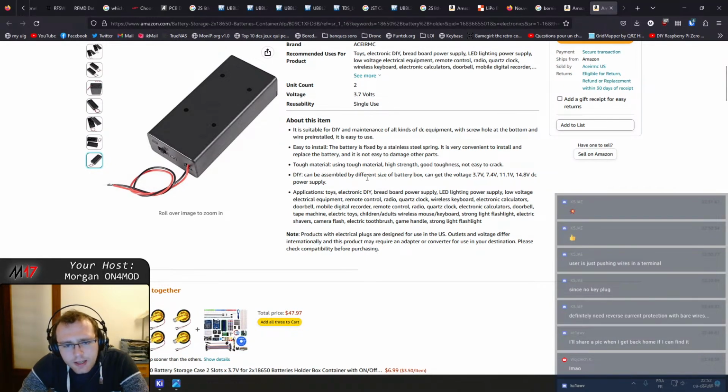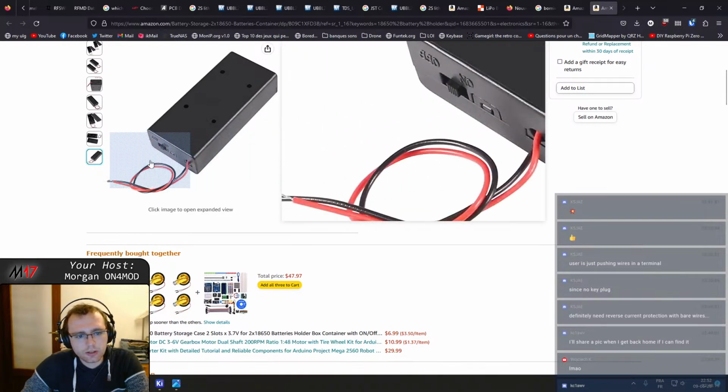Can be assembled by different size of battery box, can get the voltage 3.7, 7.4, 11.1 and 14.8. Well, surely not with that one.